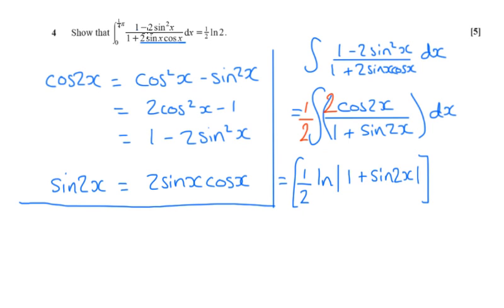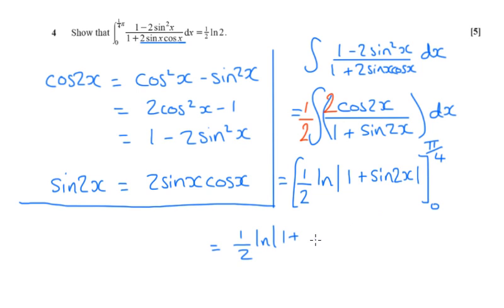Now we can put our limits in. The limits are pi over 4 and 0. If we put pi over 4 in, we're going to have a half ln of 1 plus sine of pi over 2.